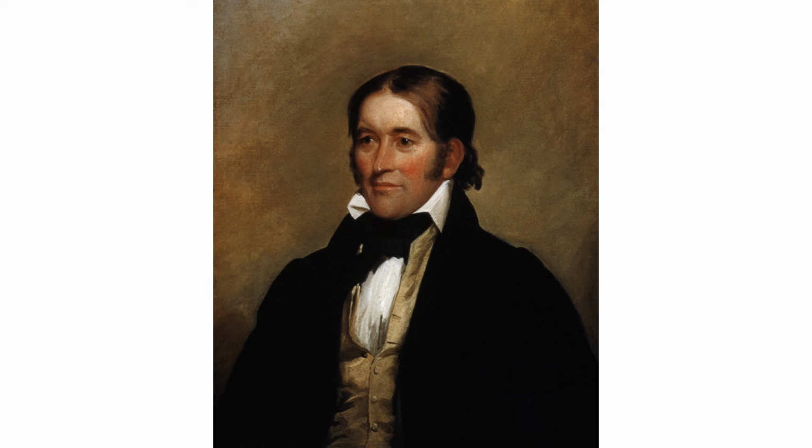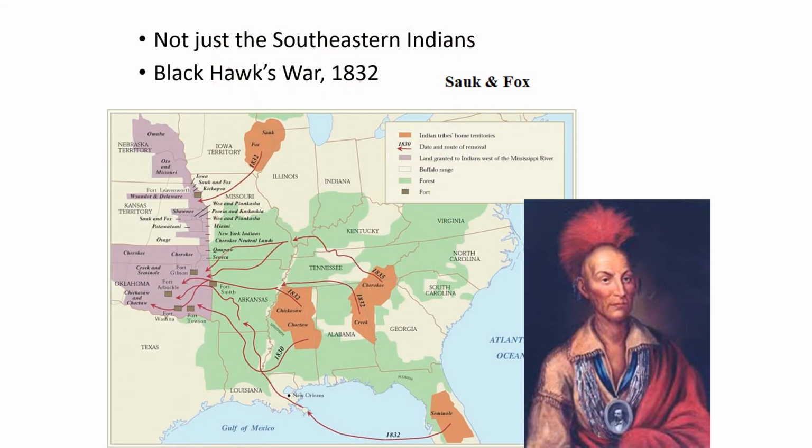the Sauk and Fox tribes, allied tribes who lived in northern Illinois and Wisconsin, had signed off on a treaty that basically was going to empower the government to ask them to move back in the 1810s, and may not have completely understood the significance of that, but no one acted on it until the early 1830s, when all the tribes were being removed.